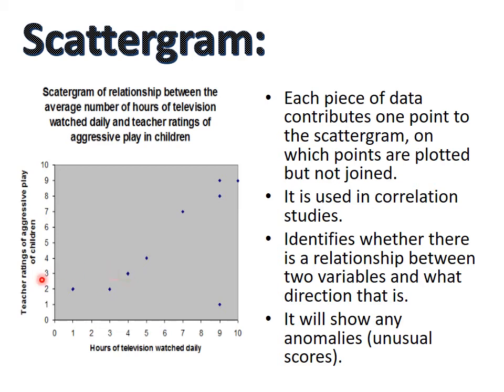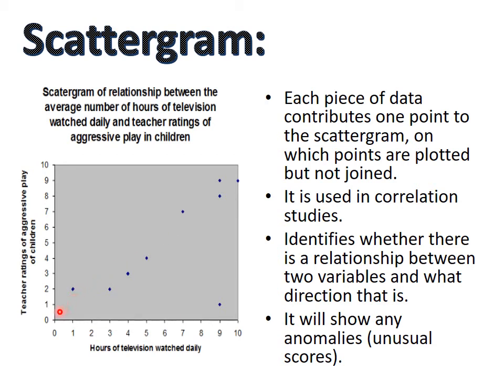So here we've got teacher ratings of aggressiveness in children, and the hours of TV they watch. This little dot here represents one child, and this child got an aggression rating of 7 and watched 7 hours of TV a day.